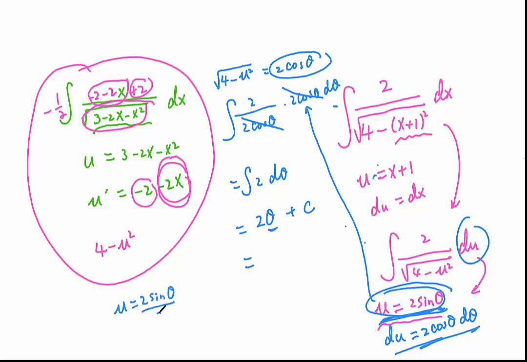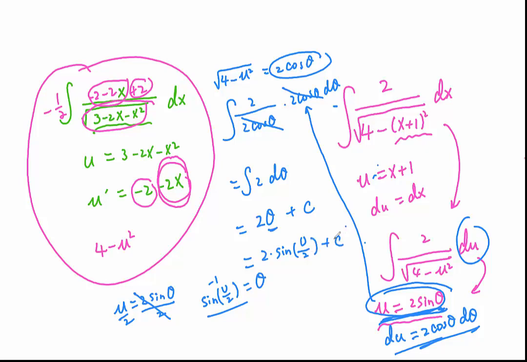I can divide by 2 on both sides, so I have sine theta right here. In order to solve for theta, that's going to be arc sine, the inverse. That's arc sine u over 2 equals theta. So the 2 theta right here will be 2 times arc sine u over 2 plus c.